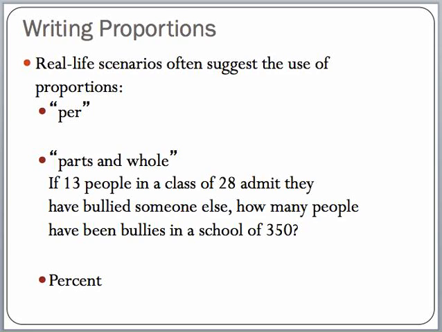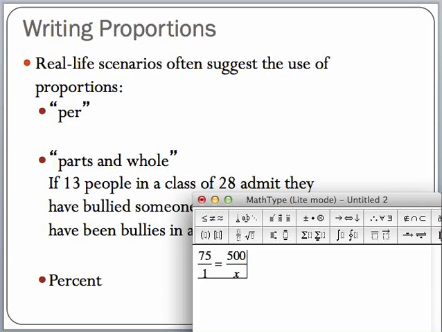And 13 people were willing to admit that. I suspect more people have actually bullied but didn't want to raise their hand perhaps. And so in that class of 28, 13 said that they were bullies. And so the question is, how many students in our whole school of, say, 350 students, how many of them would be bullies? And so I'll set up a proportion again.